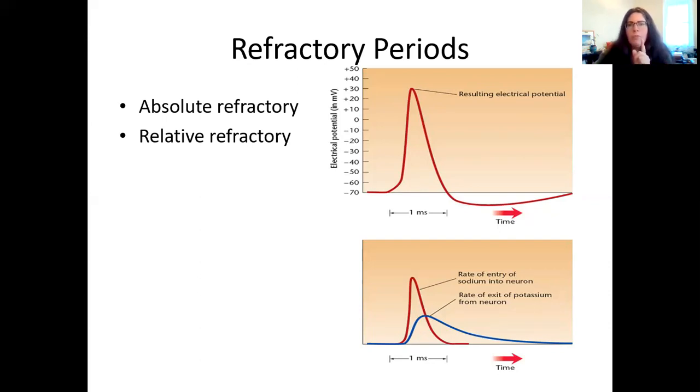The relative refractory period is about 3 to 4 milliseconds after the absolute refractory period. During the relative refractory period, the cell can fire, but it needs more excitation than it normally would. So only a stronger than usual stimulus could make it fire.